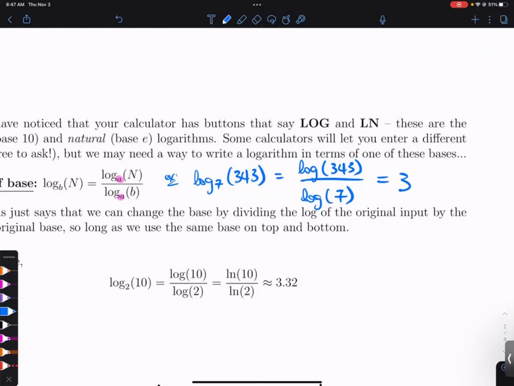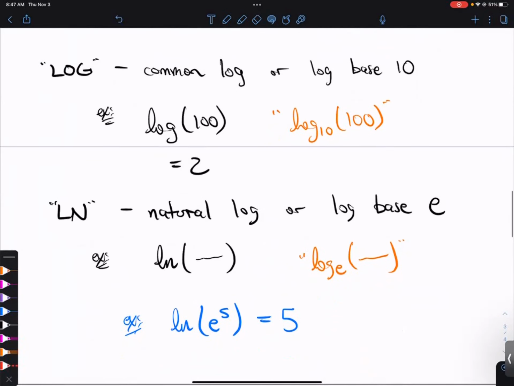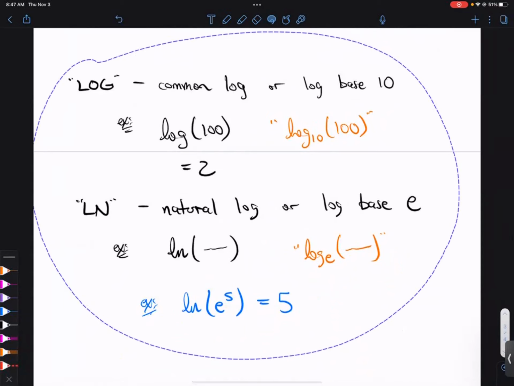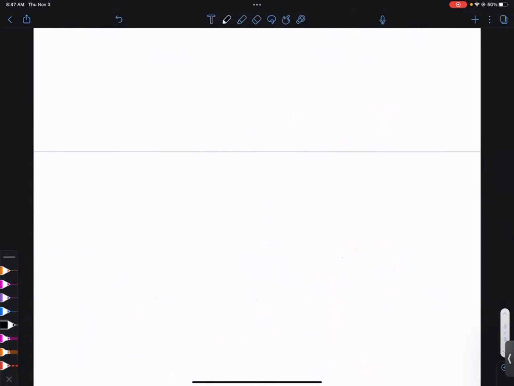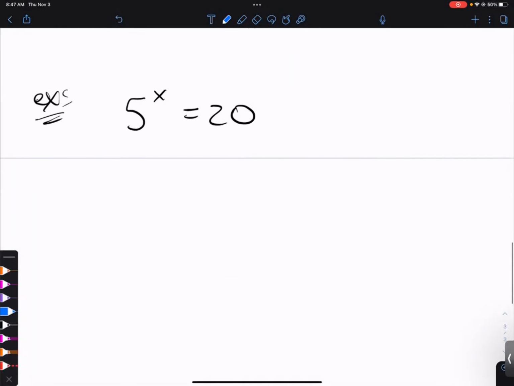Okay, so how does all of this actually help us? We started all this by talking about solving 5 to the x equals 20. Again, I can't just do it by hand because I don't recognize 20 as a nice power of 5. If I start going through powers of 5, 25, well, we skipped over 20, so it's not a nice one that I can do that way.